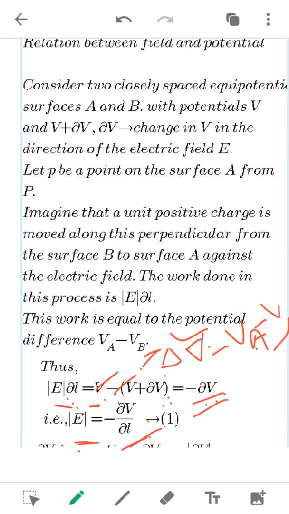So the magnitude of the electric field is directly related to the decrease in the potential. The negative sign shows the decrease in the potential. It is also known as the potential gradient. Gradient is nothing but the potential decrease.